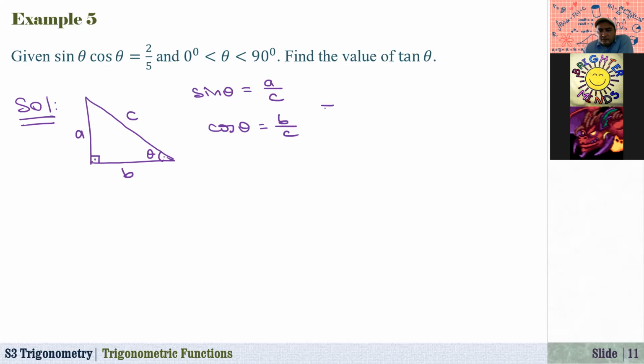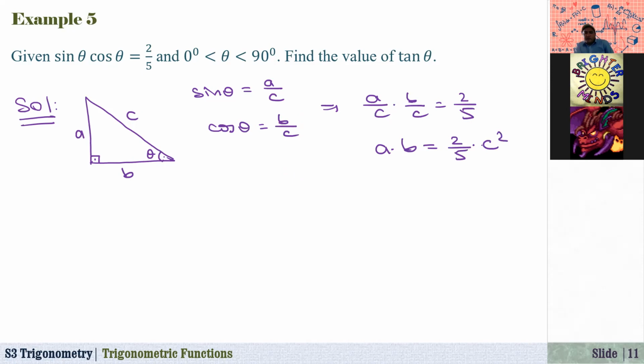The product is given: A over C times B over C is equal to 2 over 5. From here, I can write A times B is equal to 2 over 5 times C squared.